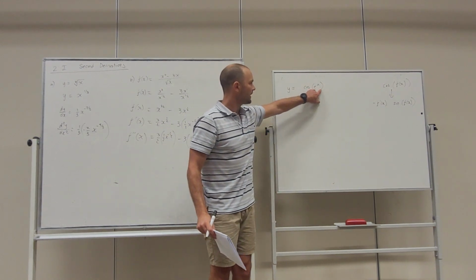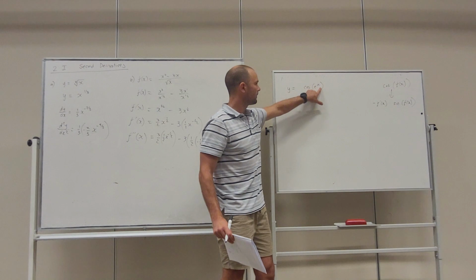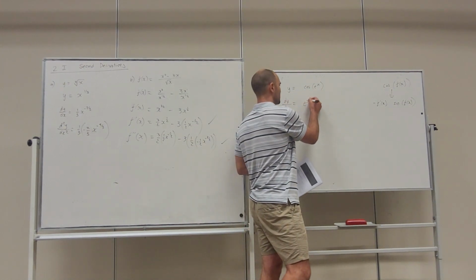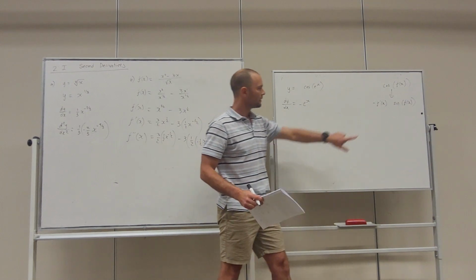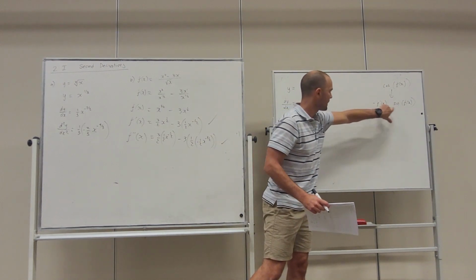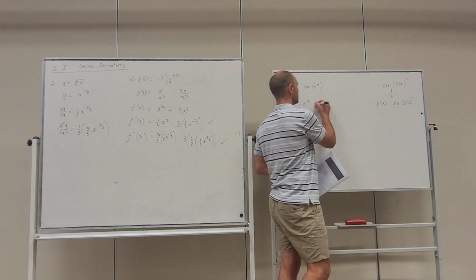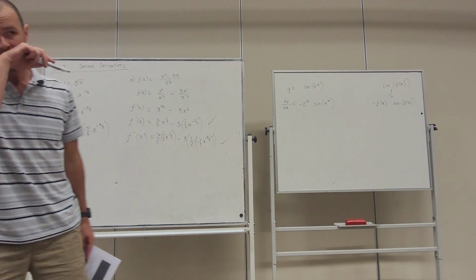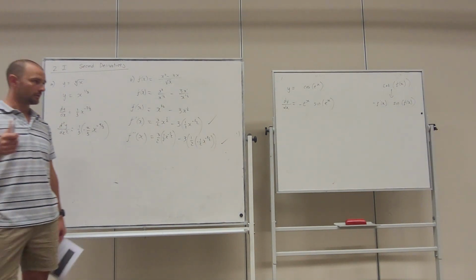So cos of f of x, we need to put the negative derivative of that out the front. The derivative of e to the x is just e to the x, and I said it's negative. So that's that part, and then we just have sine of e to the x.